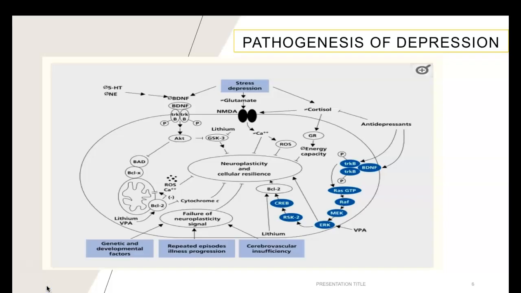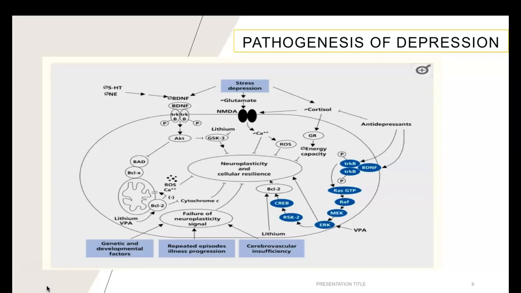Pathogenesis of depression is in relation to neuroplasticity and cellular resilience. Genetic neurodevelopmental factors, repeated affective episodes, and illness progression might all contribute to impairments of cellular resilience. Volumetric reductions, cell death, and atrophy are observed in mood disorders.